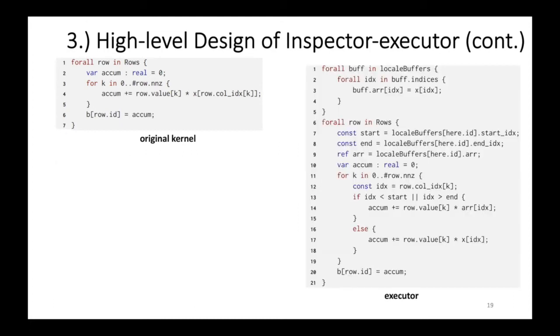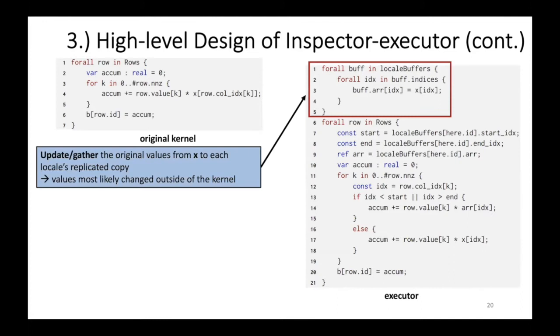So here on the right is the corresponding executor. This is the optimized version of SPMV using what the inspector just found. First thing to note, this block of code at the top is going to be performing an update, or a gather, of the original values from the X array to each locale's replicated copy. This is because most likely the values in X have changed since the last time we ran this kernel, so we want to make sure everything's up to date.